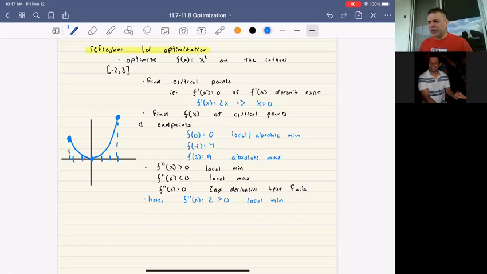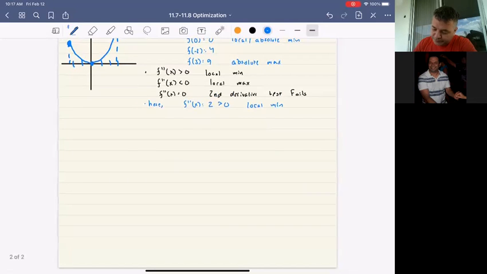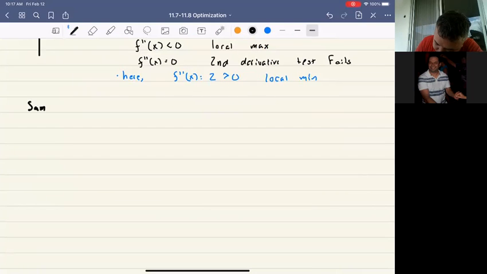Okay? All right. So let's look at just this example in 3D. What does that mean? Okay, well, let's take a look at f of x, y equals x squared plus y squared.